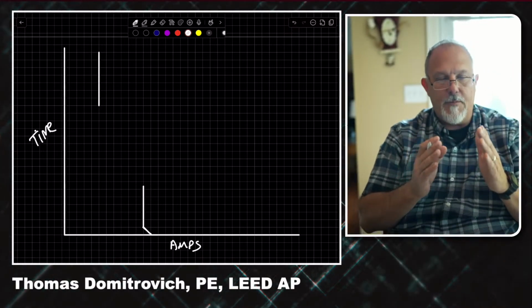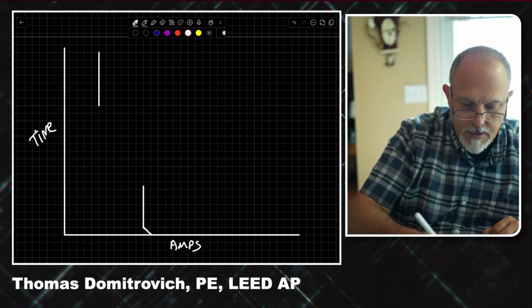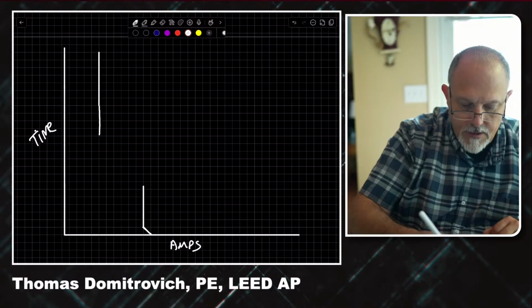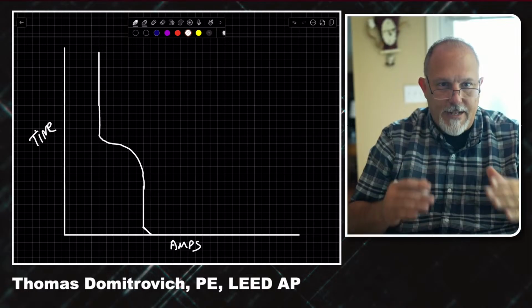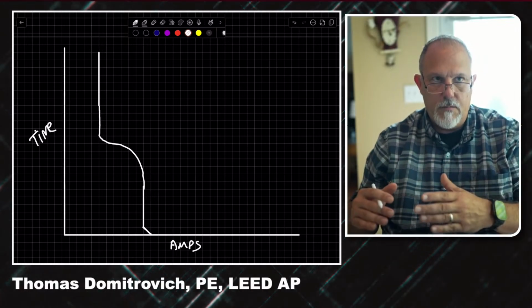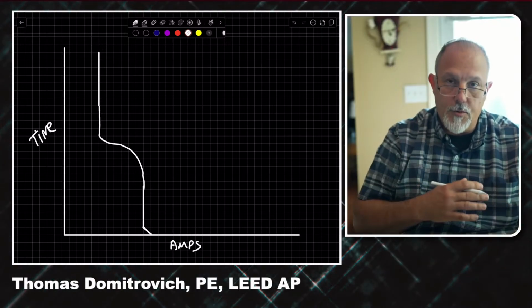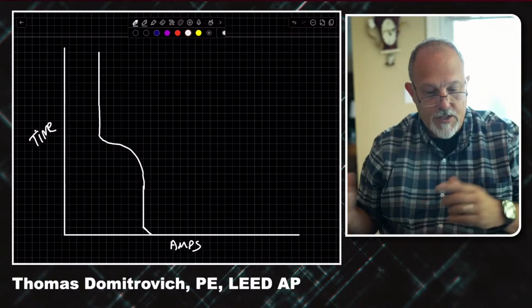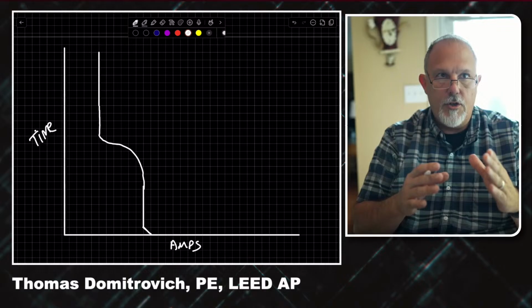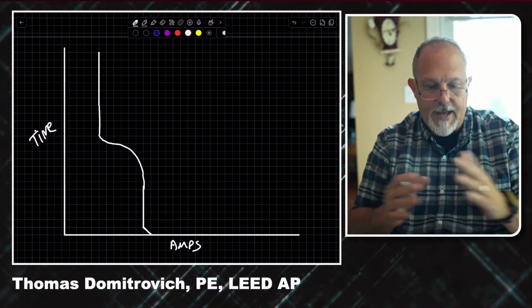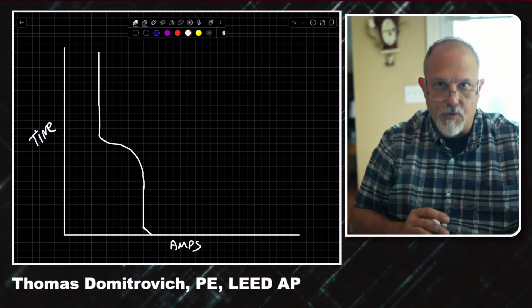So at some point, I'm going to transition from locked rotor amps to full load amps, and that transition point is going to vary based upon the motor and the load, right? So I know my motor load is going to be pulling current that is going to vary based upon what it is I'm driving.